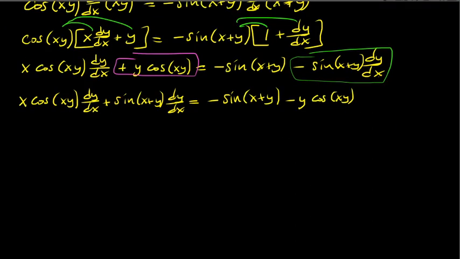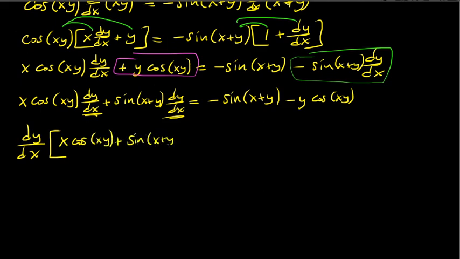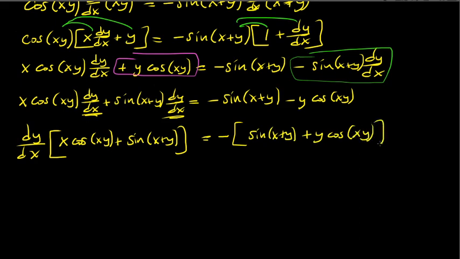Okay, almost done. Factor out the dy over dx. And on the right side, let's factor out the negative 1. We don't have to, but might as well. And then just divide.